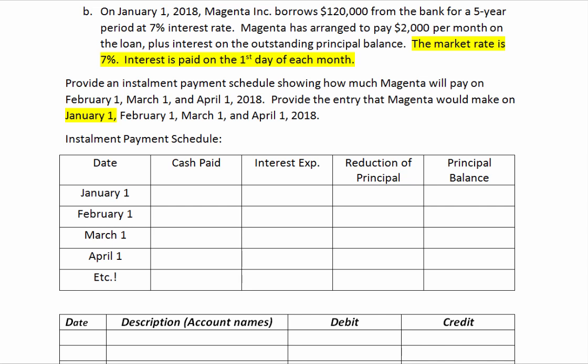The market rate is 7%. Perfect. So we know it's at par. Magenta has arranged to pay $2,000 per month on the loan. So Magenta is paying $2,000 of the principal of the $120,000. They're paying $2,000 off every single month plus interest on the outstanding principal balance.